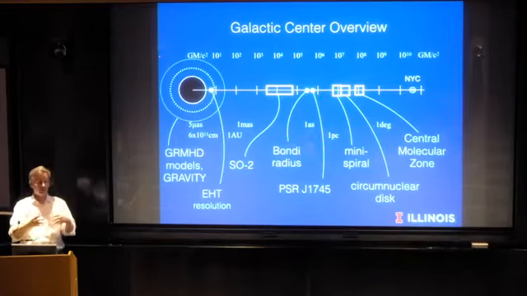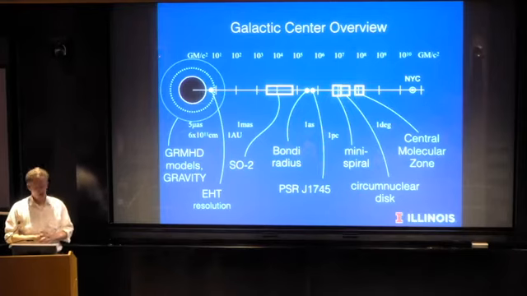This molecular cloud is probably orbiting in the galactic bar, and someday it'll pass close to the central black hole, and there will be a lot of excitement. So this is an overview of our galaxy: a low accretion rate black hole, relatively low mass for a galactic nucleus.